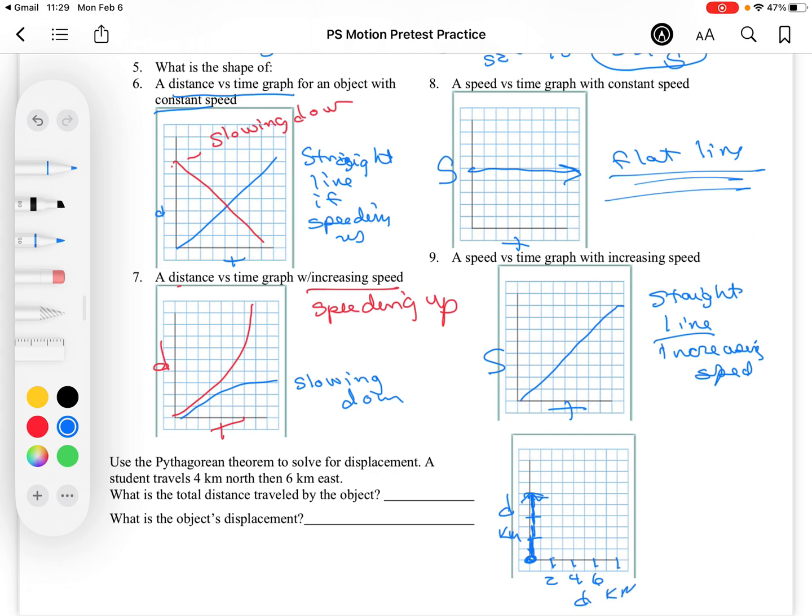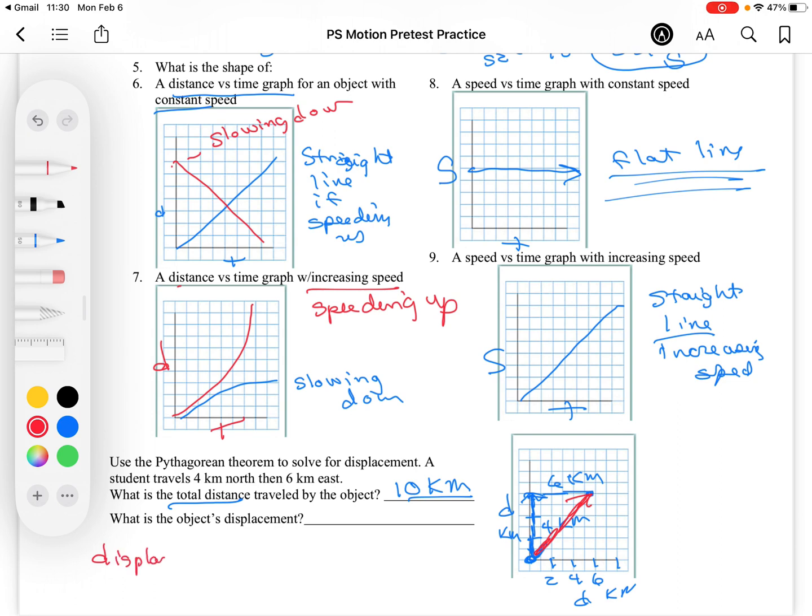So we're traveling 4 kilometers north, so we're doing this. That's distance in kilometers, and this is the distance in kilometers. And then we're traveling 6 kilometers and 4 kilometers. So our total distance will be 4 plus 6 will be 10 kilometers.